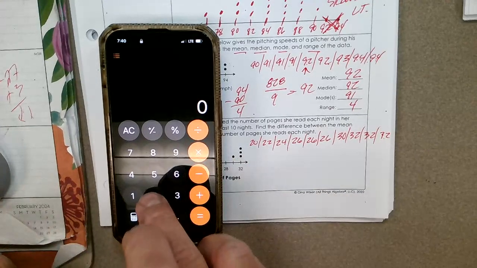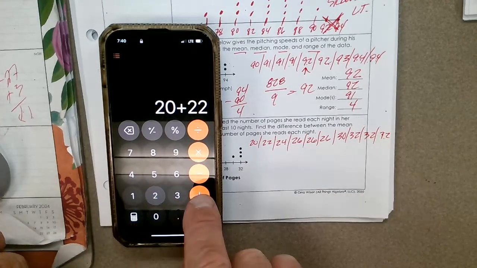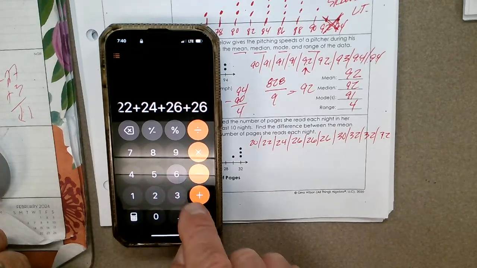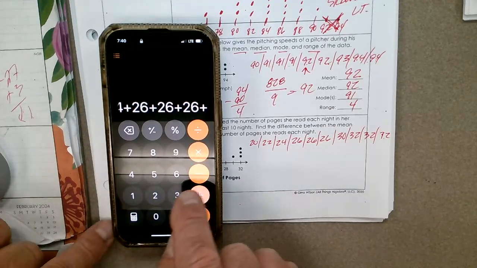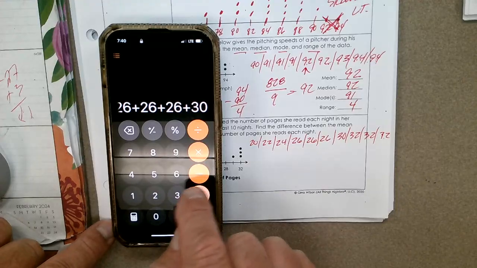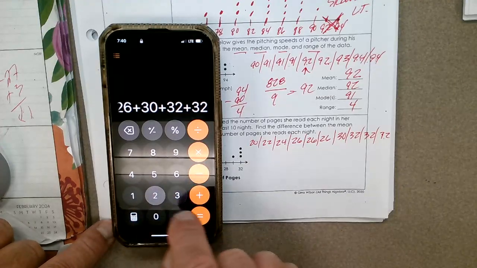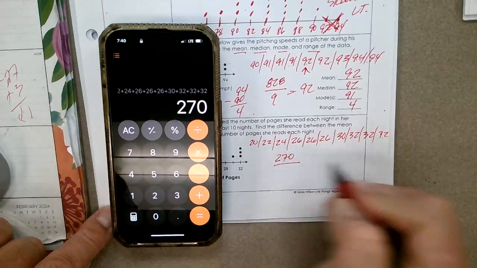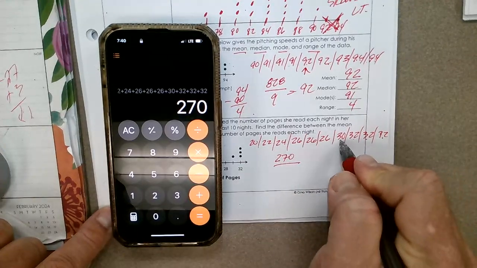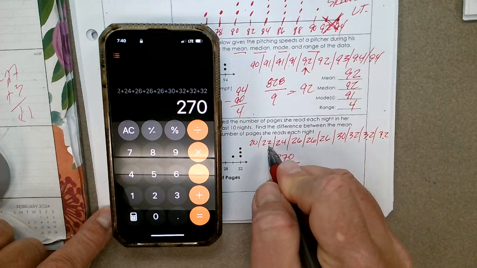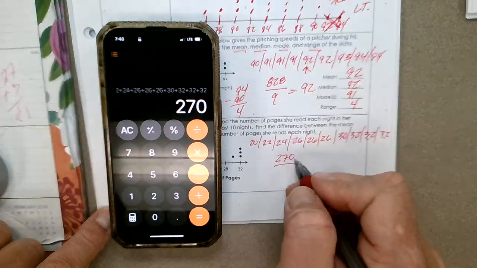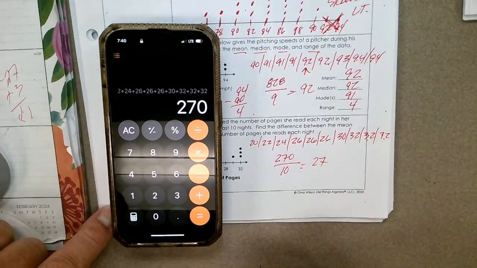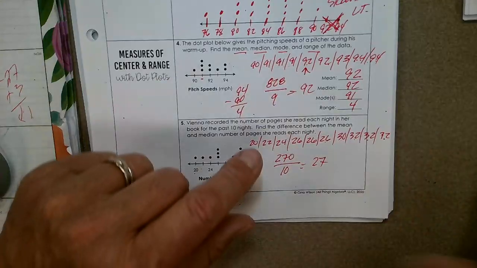So the mean, 20 plus 22 plus 24 plus 26, 26, 26 plus 30 plus 32 plus 32 plus 32 is 270 divided by 1, 2, 3, 4, 5, 6, 7, 8, 9, 10, right? If I divide that by 10, I get 27. That's my mean. Let's find the median.